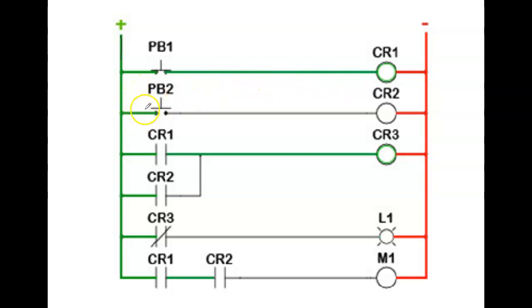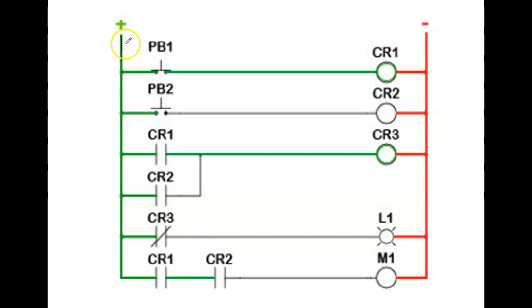Now we also know if I press PB2, CR2 will be energized, but if I don't, it won't. Now the state of CR1 and or CR2 has an effect on whether the control relay 3 coil is going to be energized. And the state of that coil has an effect on whether this lamp is going to be energized. And we see a different condition of CR1 and CR2 here.